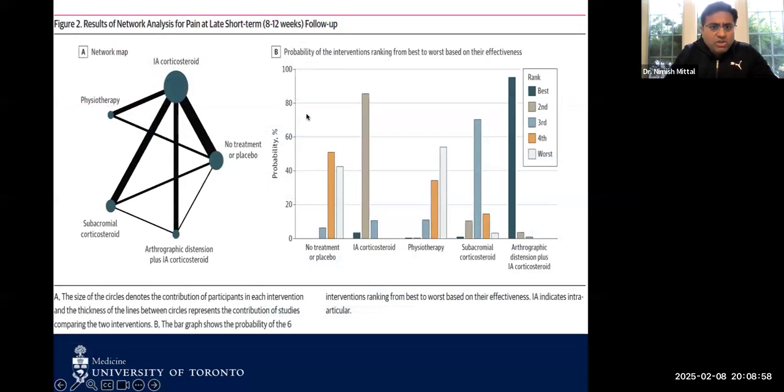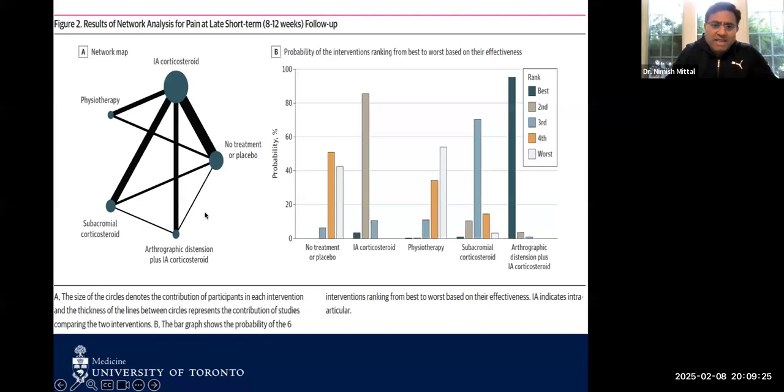Now, if you look at this image, I want you to first focus on the left side where you see the dots and the lines. The dots represent the relative number of studies for each intervention, where you see the maximum studies are for intra-articular corticosteroid, and these lines depict the contribution of the comparison between two different interventions. The broadest line is for corticosteroid versus placebo.